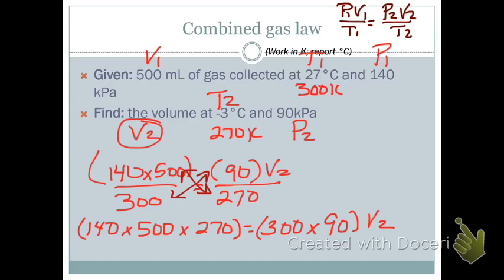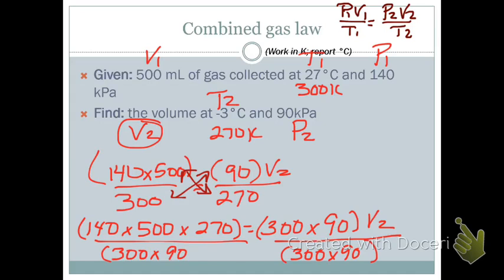And I want to solve for V2. So in order to get that 300 times 90 away from V2, I have to divide both sides by 300 times 90. And see how I'm putting them in parentheses?